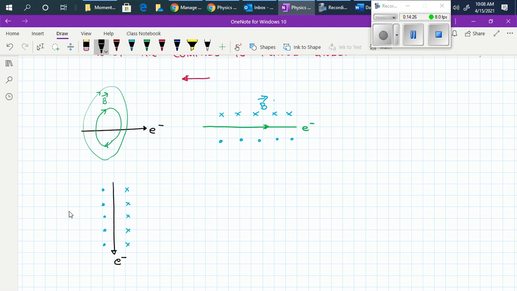But if we have a proton, or the positive charge, then we will switch the direction. So now the thumb will be up and the magnetic field on the right of the wire will be out of the page, and on the left of the wire will be into the page.